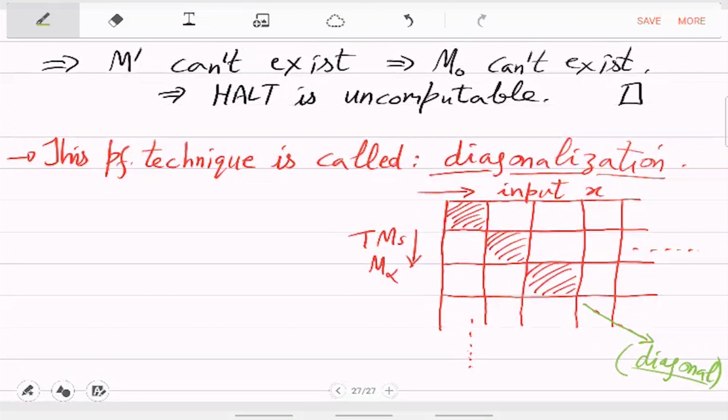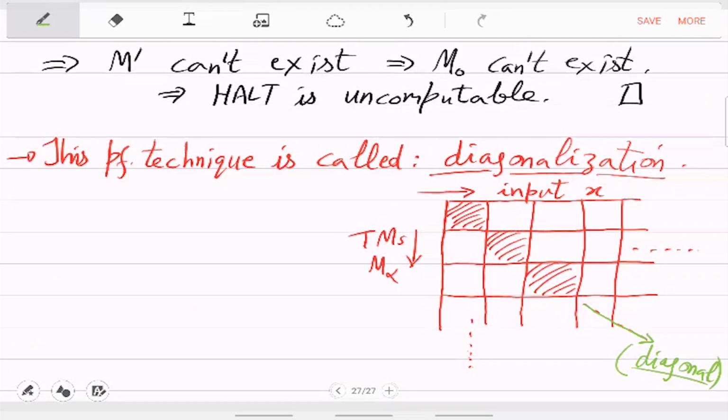It was all about these diagonal entries. If you have negated all of them, then that gives you the contradiction. There cannot be a Turing machine in the row indices, right?